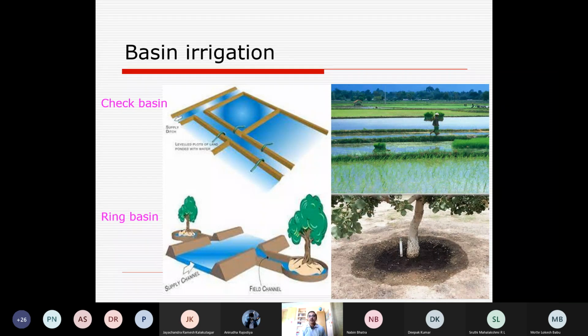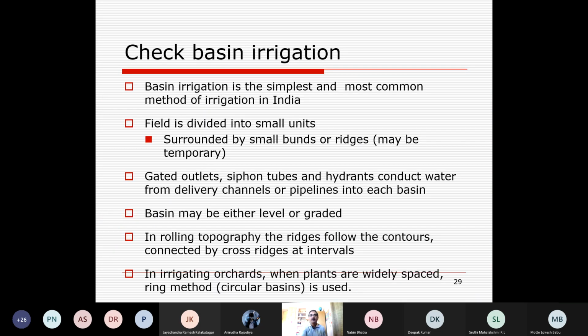But basins are smaller, and in this way it improves the efficiency of water application. So basin irrigation is the simplest and most common method of irrigation in India. We develop small basins in the whole field so that better irrigation can be provided to the crop.